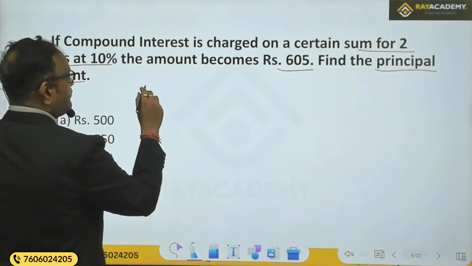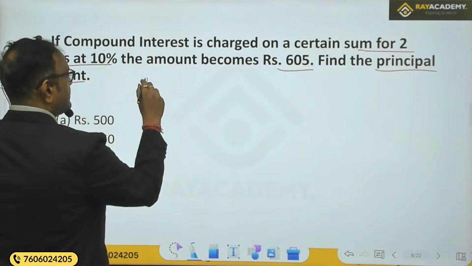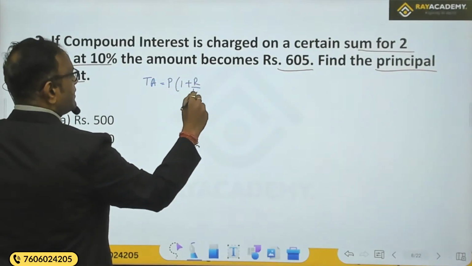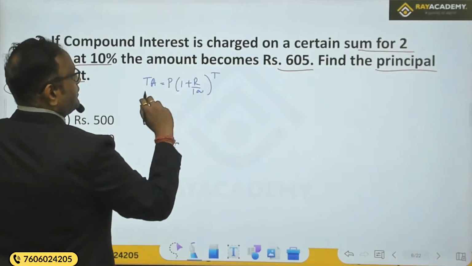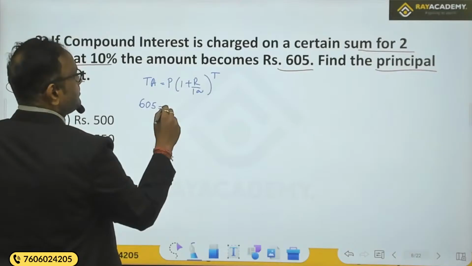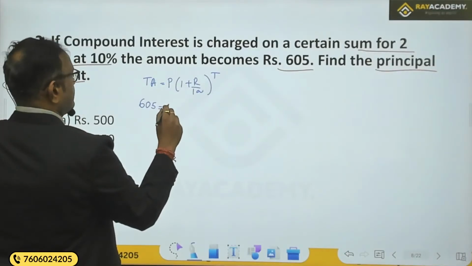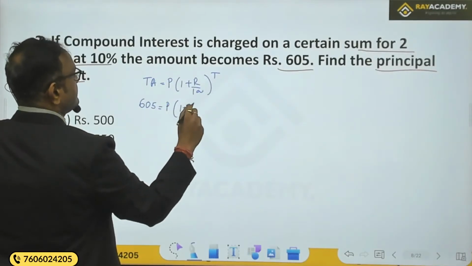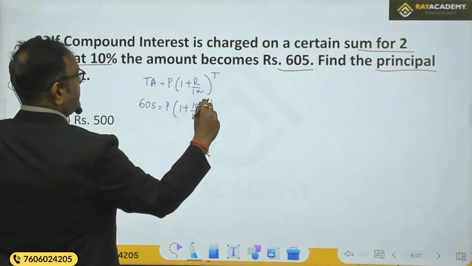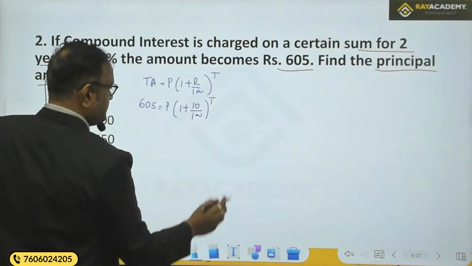see, if you know the formula, what is it? Total amount is principal into 1 plus r by 100 to the power time period. Total amount is 605 equals principal into 1 plus 10 by 100, T is 2.